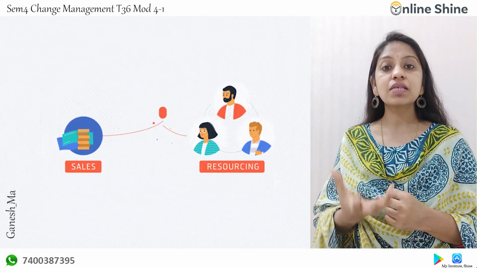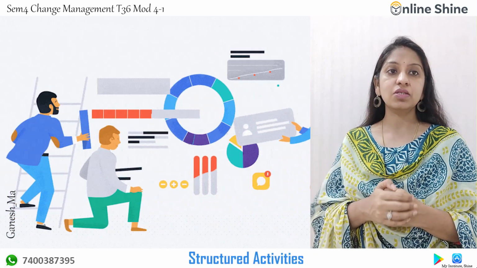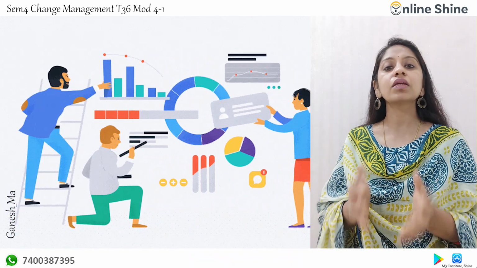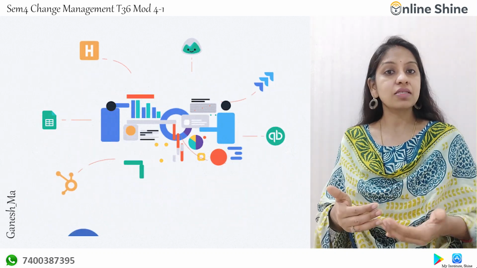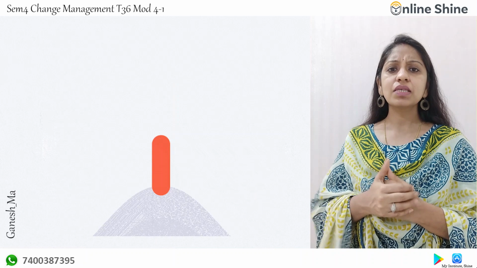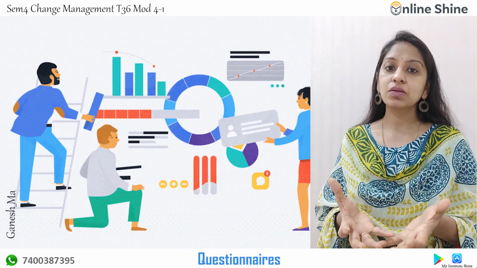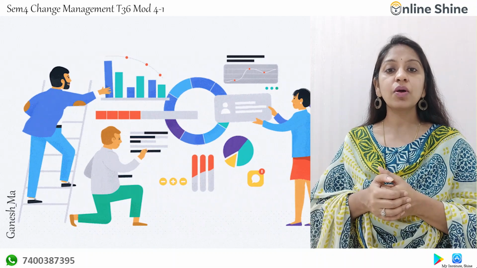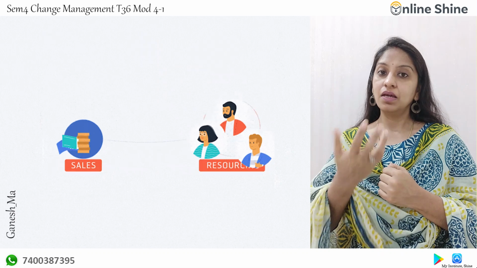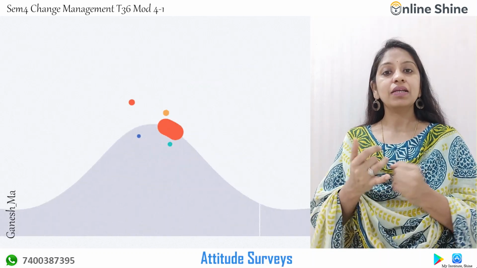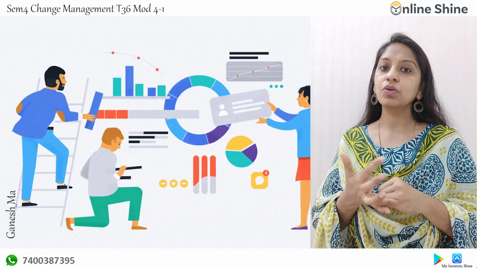Interventions are the structured activities used individually or in combination by a change agent to improve task performance. Structured activities means questionnaires prepared by the change agent and given to the employees to get feedback on the change, attitude surveys, interviews, meetings or group discussions.